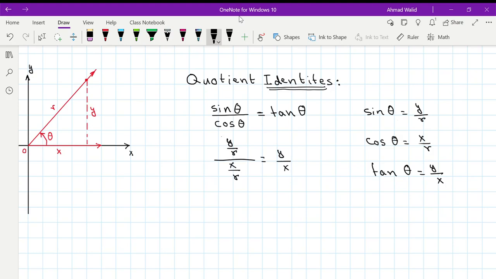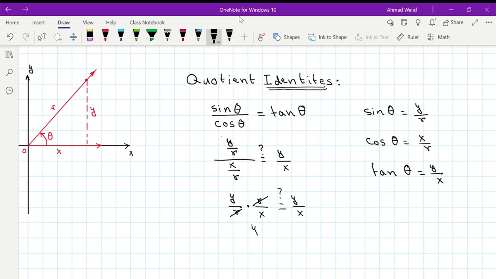Because we prove, I'll put a question mark. Is this equal to this? Let's simplify our left side. It's again a complex fraction. You can say y over r, change the big fraction bar to times, and flip the denominator, which gives you r over x. Is this equal to y over x? You see here r cancels out with r.